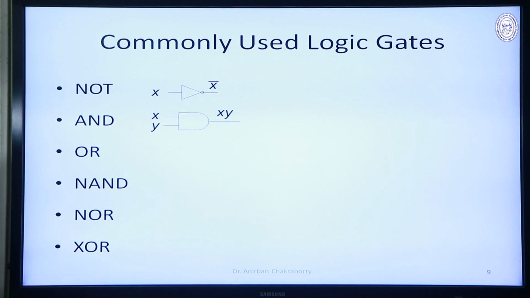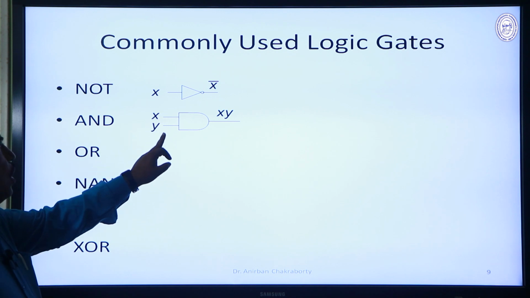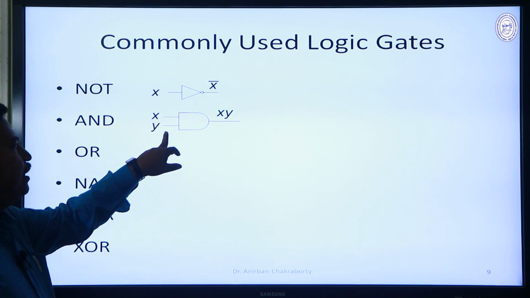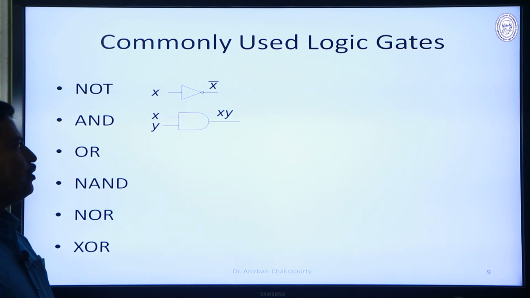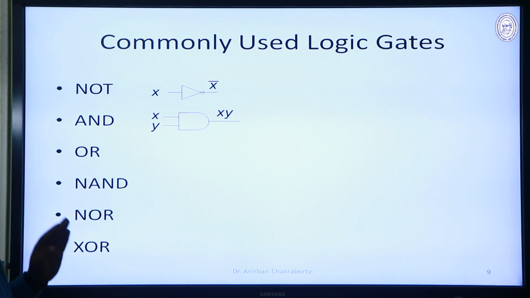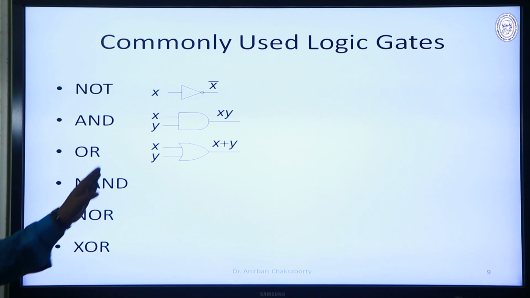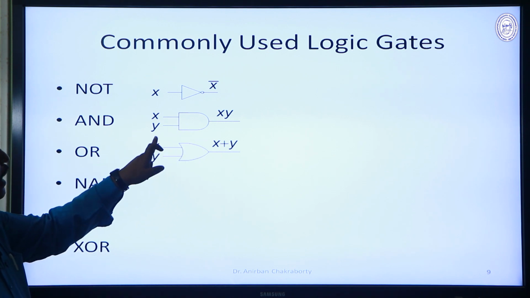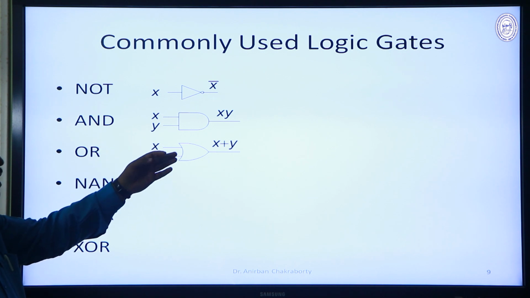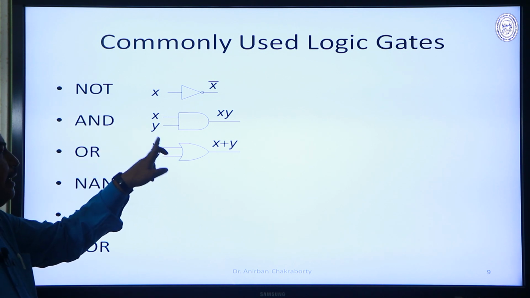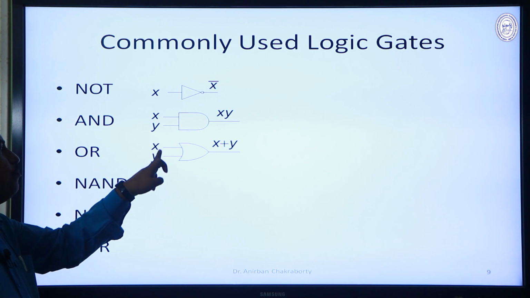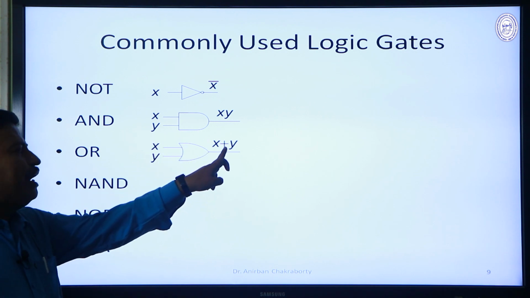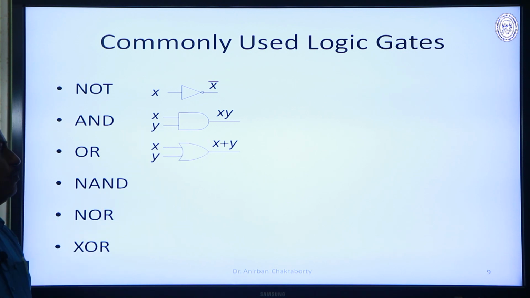AND means only when all the inputs are 1, its output is 1, else its output is 0. Next one is OR, which has this notation. Here also inputs may be 2 or more. If all the inputs are 0, then only the output is 0, else the output is 1.